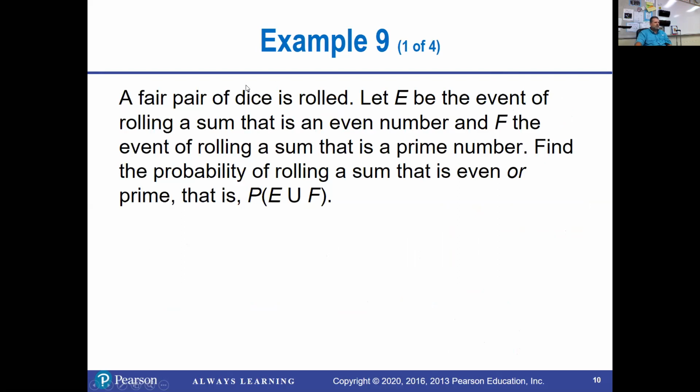A fair die is rolled. Let E be the event of rolling a sum that is an even number and F rolling a sum that's a prime number. If we look at even and prime, we look at this list, we are trying to find the evens.